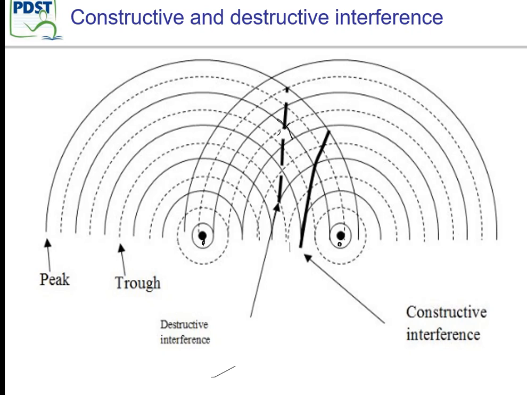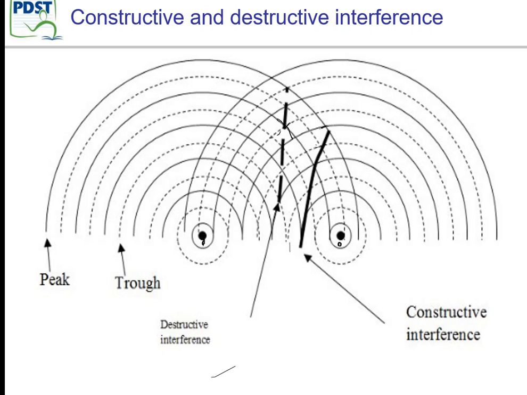Everywhere the dotted line meets the solid line, it means the trough is cutting the crest. You have destructive interference.